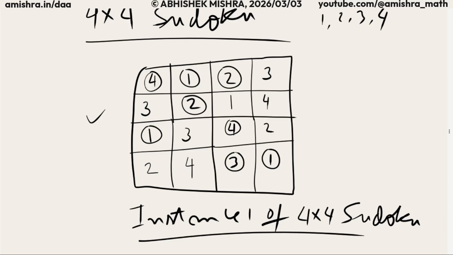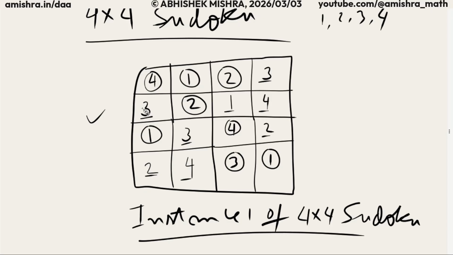And the solution that we get, I will mark the solution using this. So the solution is actually the numbers together with their position. So two things we have to specify. First, what is the number and what are its coordinates.